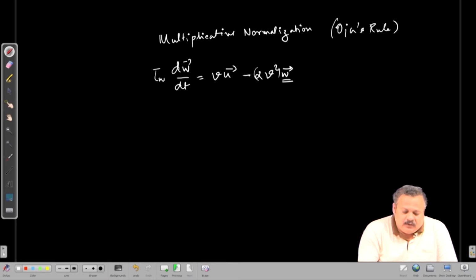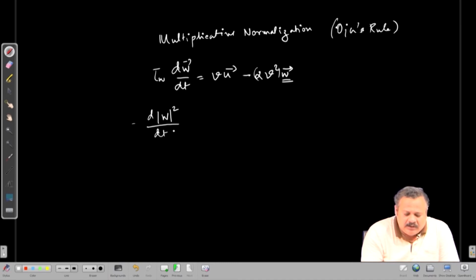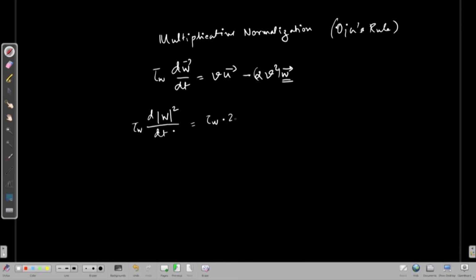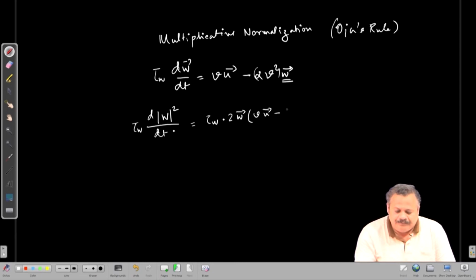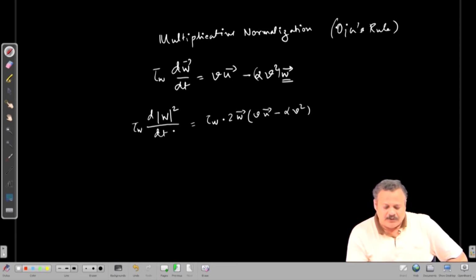Here, if we look at the norm of the weight, the length of the vector, and we look at the derivative of it, and multiply it by tau w, then what we have again is tau w times 2 w dot, V u minus alpha V square w.